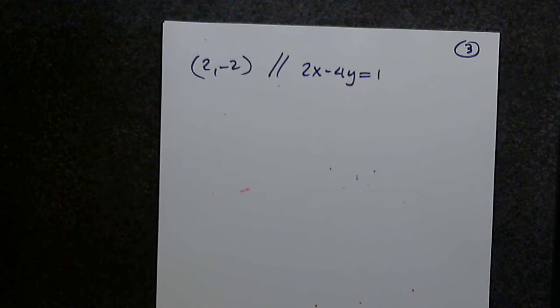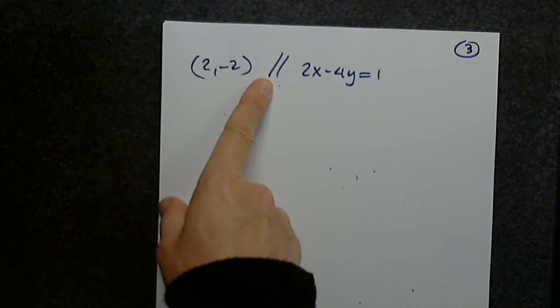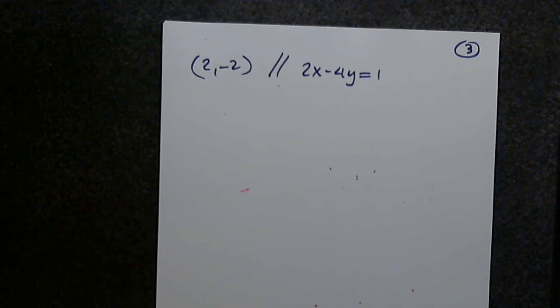So we want to find the equation of the line that passes through this point and is parallel to this line. So what do we do? Any suggestions? Do we want to do this problem? I don't know where we are, so that's why I let you decide.